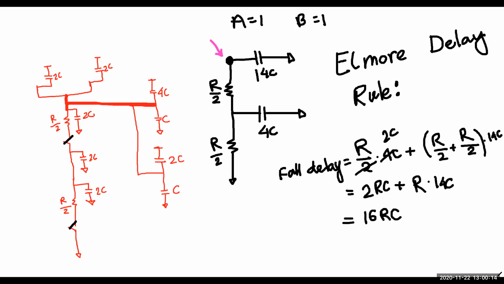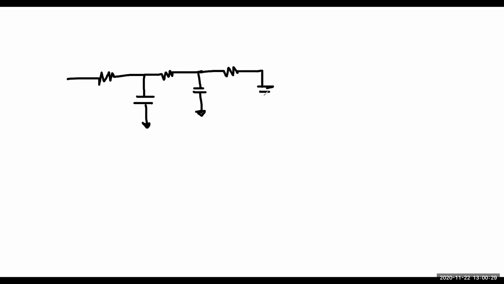So that is how I calculate the fall delay. Okay, let me show you another Elmore delay example. Let's say this is our output point. This is R. This is 2R. This is 3R. This is C, 2C, 3C.